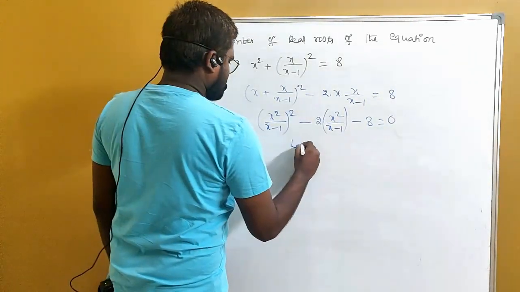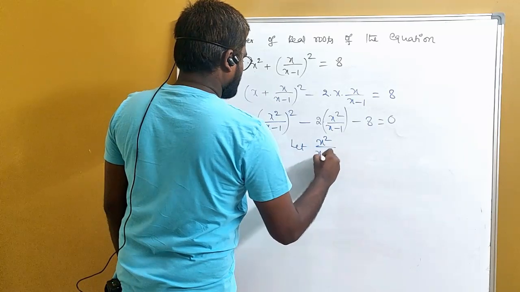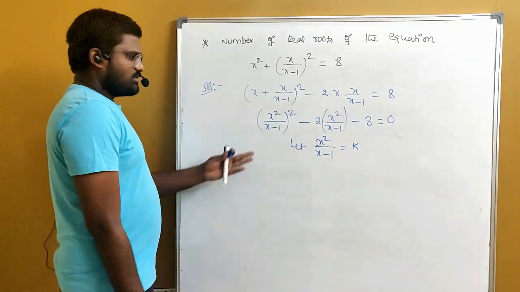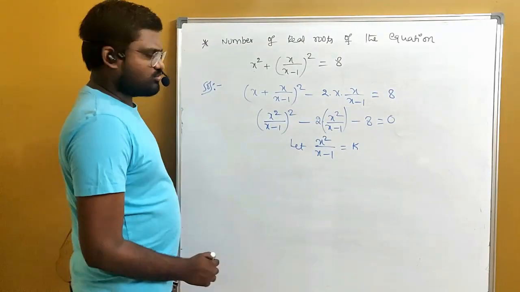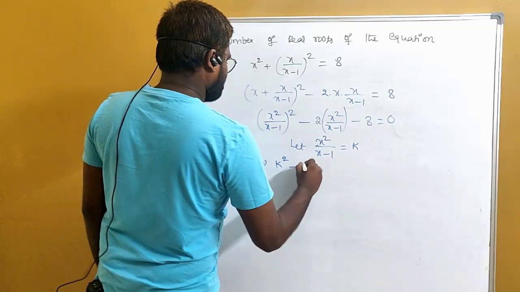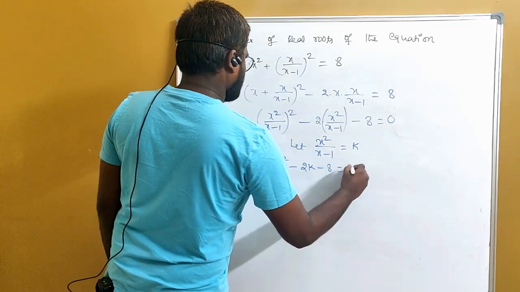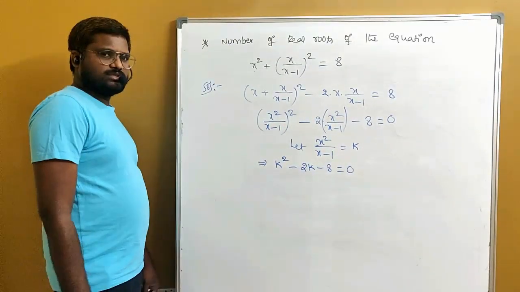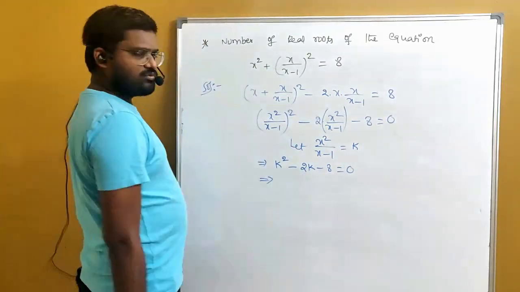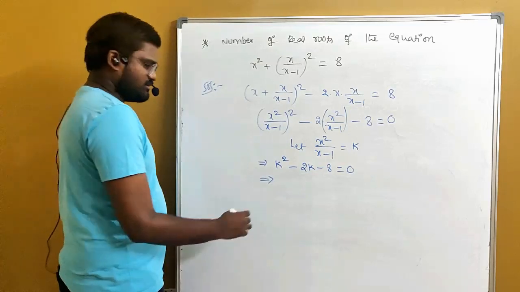Now I'll assume x square by (x minus 1) as some k. Now this is a simple quadratic equation and we can solve it. If I substitute, I'll get k square minus 2k minus 8 equals 0. Now if I factorize this one, 4 2s are 8, minus 4 plus 2.